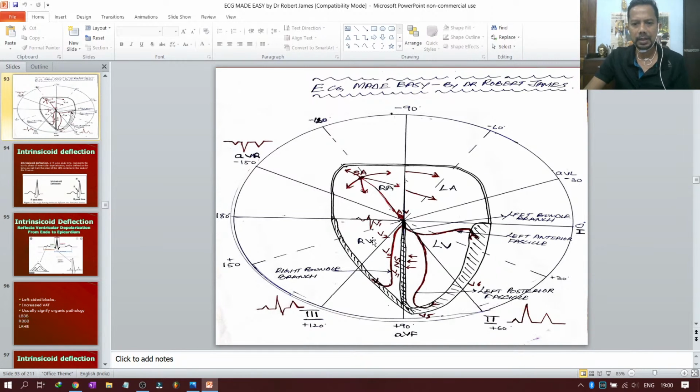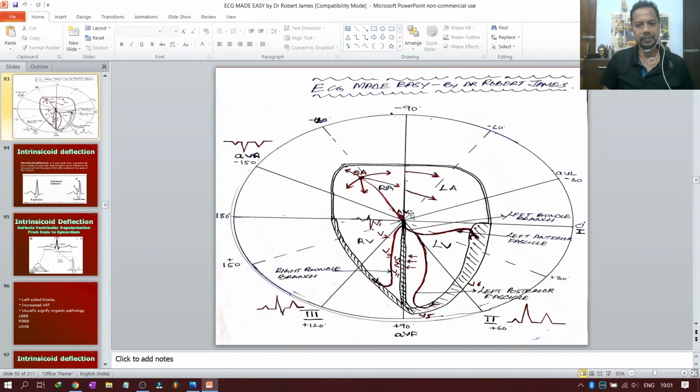So that is called complete left bundle branch block. Some people say you will see an M pattern in the R wave tip, which is notching actually. There will be an M pattern, so that is complete LBBB. The criteria for left bundle branch block: L for left bundle branch, L for left axis deviation.